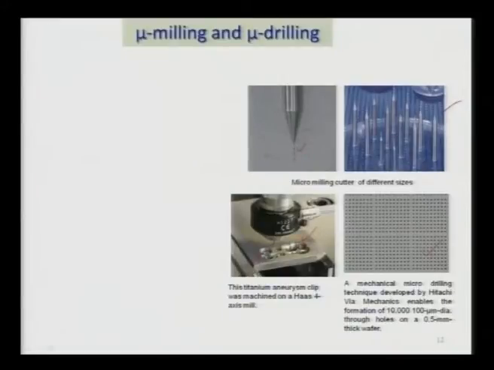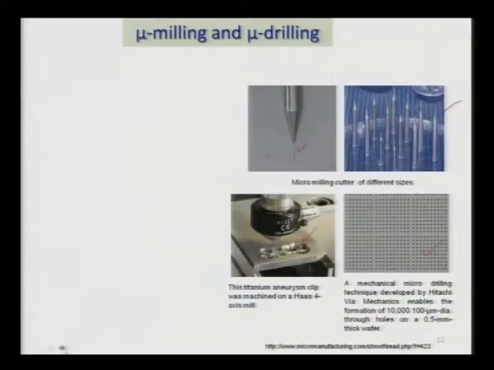You can see the kind of holes that have been developed, thousands in number. The diameter of these holes is 100 micrometer, and the thickness of the wafer is 0.5 millimeter. So, this is very useful for fine hole drilling in large quantity.